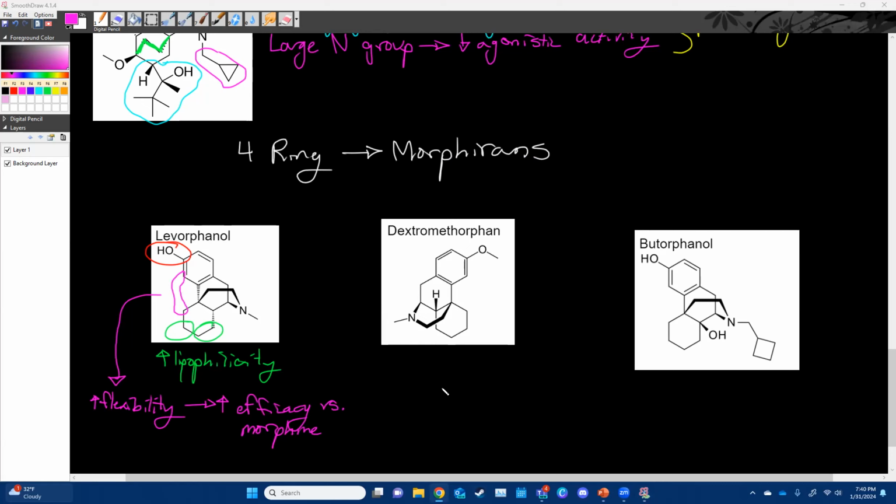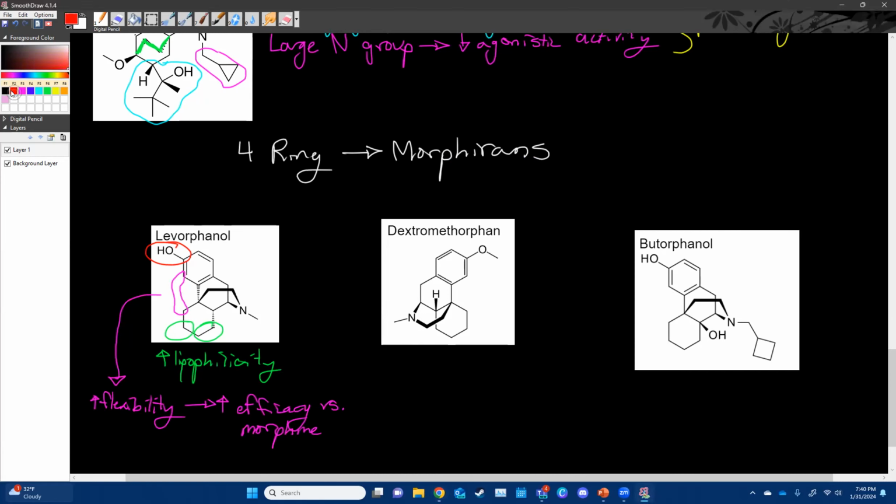So quite useful. Same thing with dextromethorphan, where again, here we see the methoxy group, which means that we're going to have to do metabolism. So only 10% of this drug is going to be active.